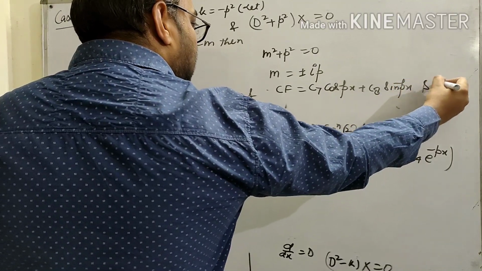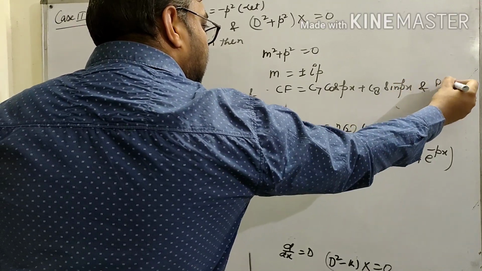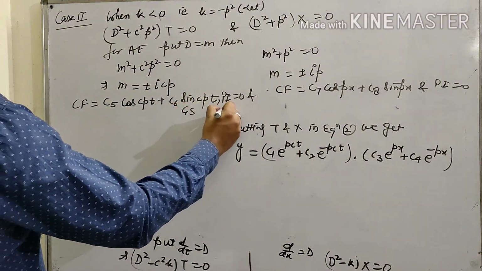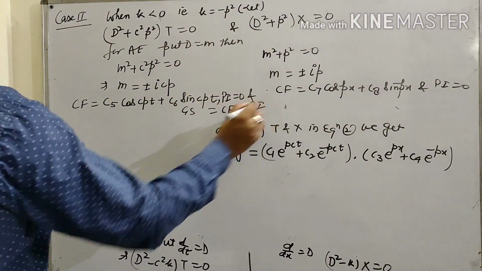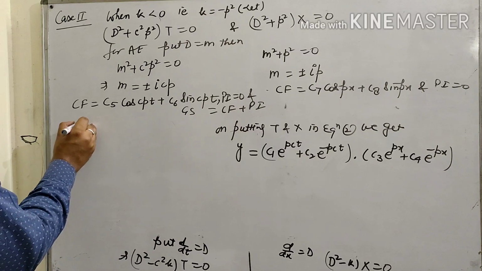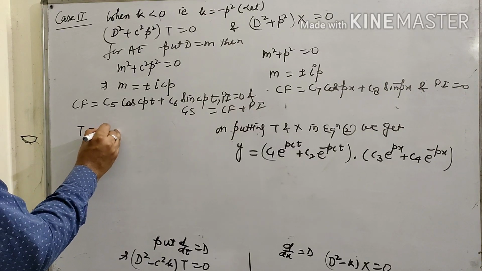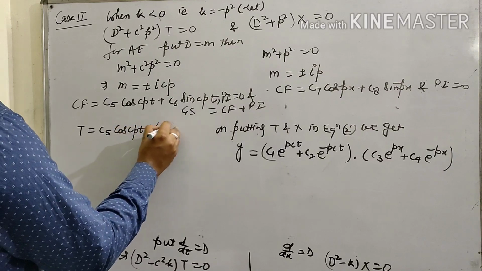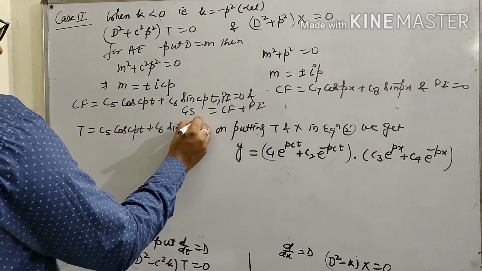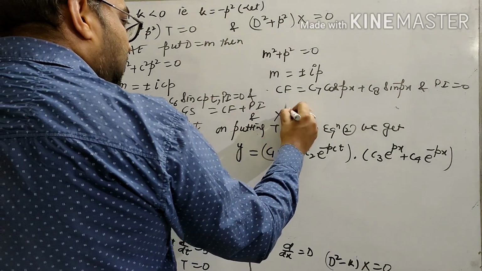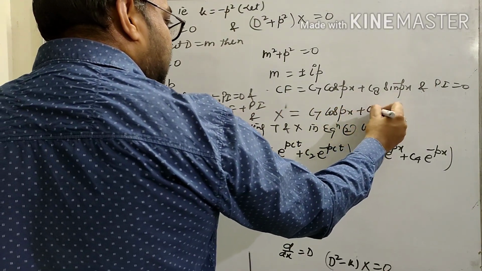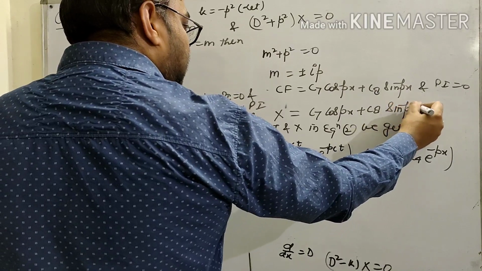Also PI is equal to 0. So GS is equal to CF plus PI, or capital T is equal to C5 cos cpt plus C6 sin cpt, and capital X is equal to C7 cos px plus C8 sin px.